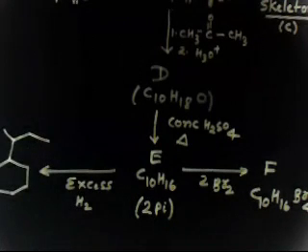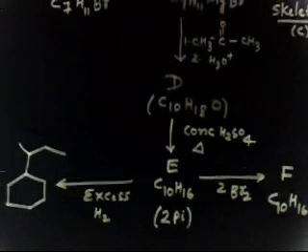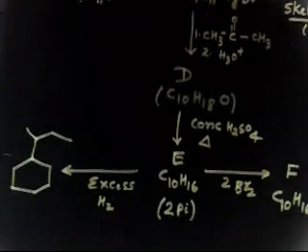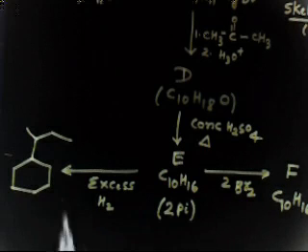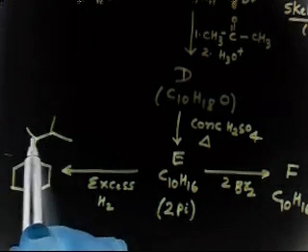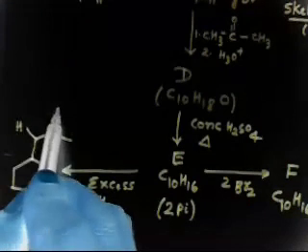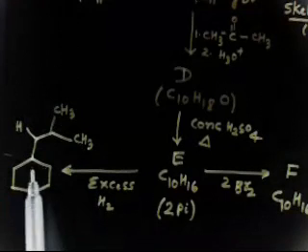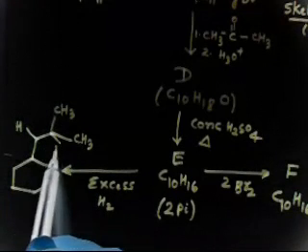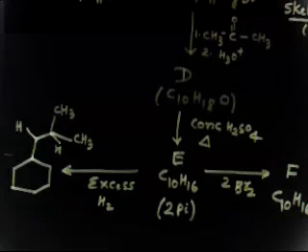So this is the isobutyl group. Are you getting or not? Let us copy this one. So isobutyl cyclohexane is this, with hydrogen, CH3, CH3. This is isobutyl cyclohexane.